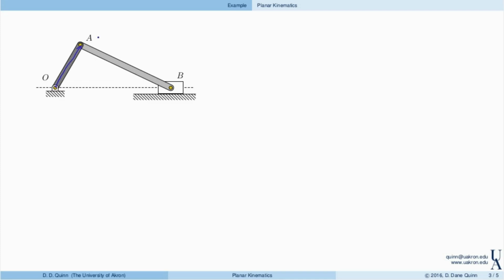In particular, the vector from O to A, so that's R of A with respect to O, plus the vector from A to B, that is the position of B with respect to A, is always equal to the position of B with respect to O. Or we can write R of B with respect to O is R of A with respect to O plus R of B with respect to A. And again, as this linkage changes its configuration, this vector equation is always satisfied.